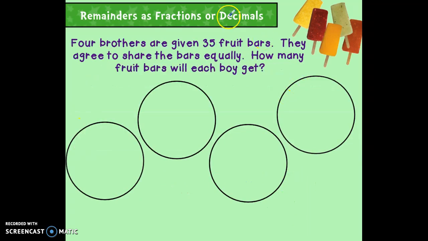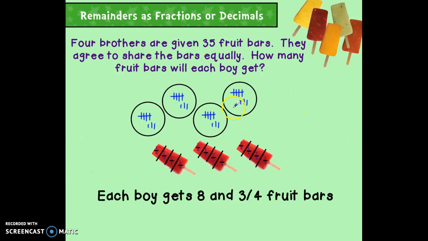Let's look at some fruit bars. 4 brothers are given 35 fruit bars. So I know I have 35 divided by 4. I want to share them equally. So I can start counting 1, 2, 3, 4, all the way up to 35, and I can find that each person gets 8 fruit bars. And I know that 8 times 4 is 32.